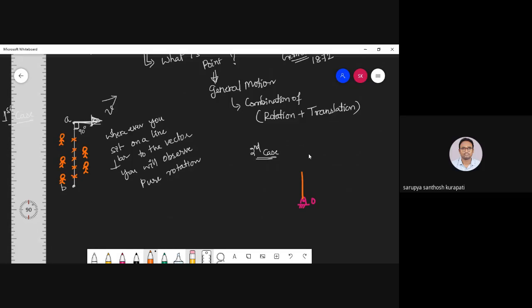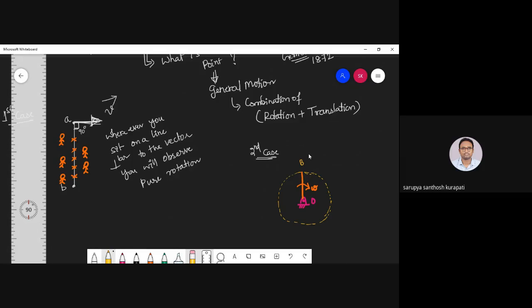So you have applied some angular velocity, and this particular link, say OB, is link 2, with respect to link 1. I have given some angular velocity, and it is going to rotate about point O. So this is the rotation.